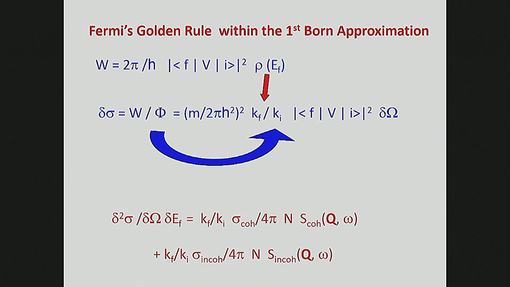So this experiment can be reduced to understanding the intensity of neutrons that are scattered after transferring some momentum Q, which is Ki minus Kf, and some energy h bar omega.